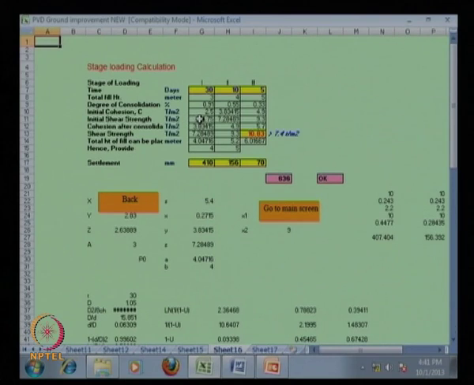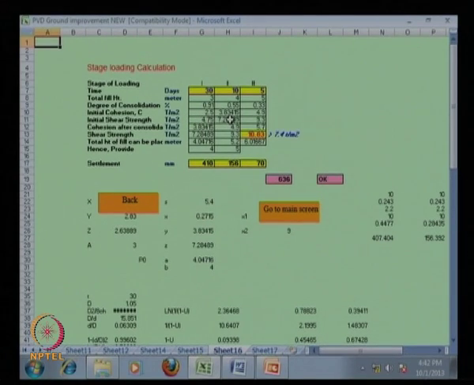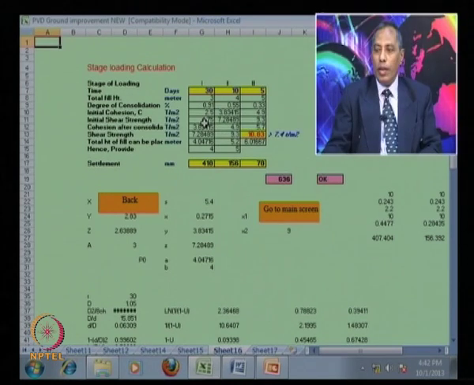And initial cohesion value in the first stage 2.5, second stage 3.8 and third stage 4.9 ton per meter square. Then initial shear strength 4.75 first stage, 7.28 second stage and 3.3 in the third stage. Then cohesion of the shear strength 3.8 in the first stage, 4.5 in the second stage and 5.7 in the third stage.